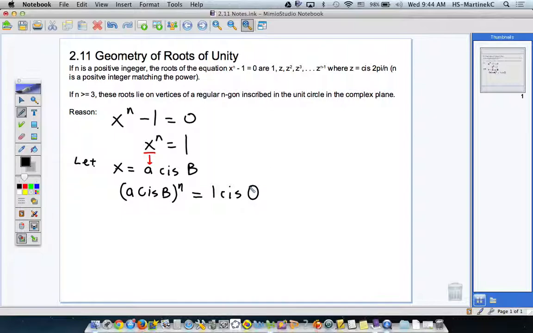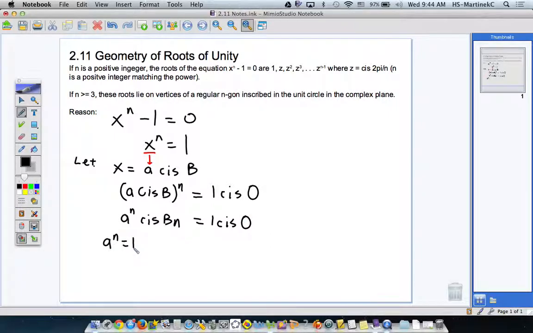Using de Moivre's rule, we get a to the nth, multiply the magnitudes, and add the arguments. Okay, so we have complex numbers in polar form, they're equal, so that tells us that our magnitudes are equal.